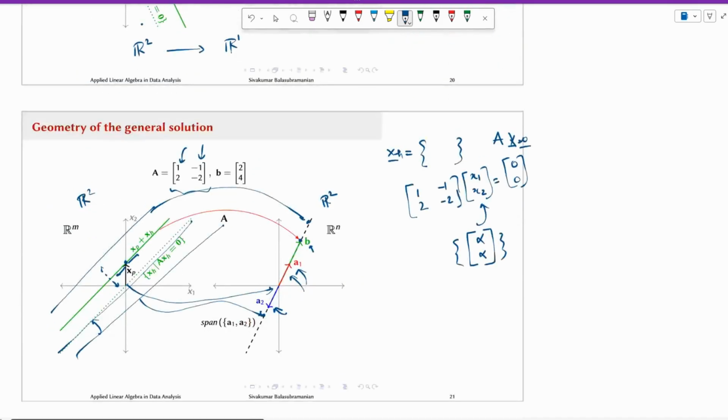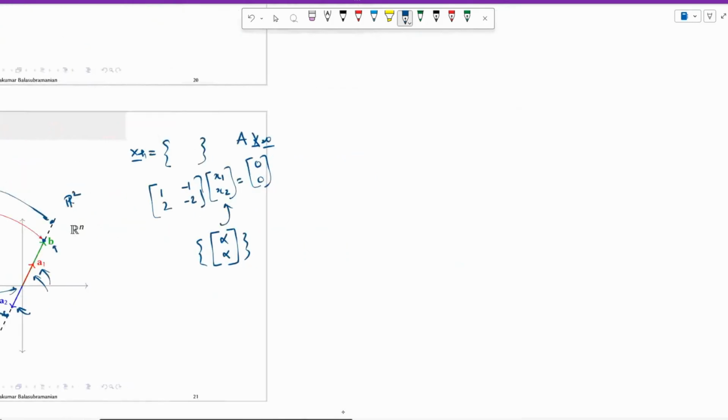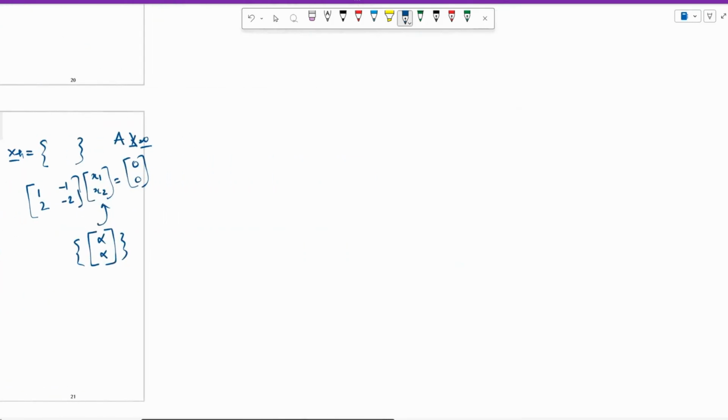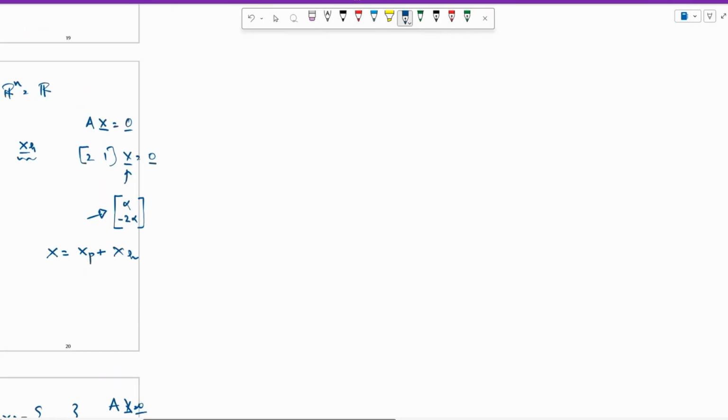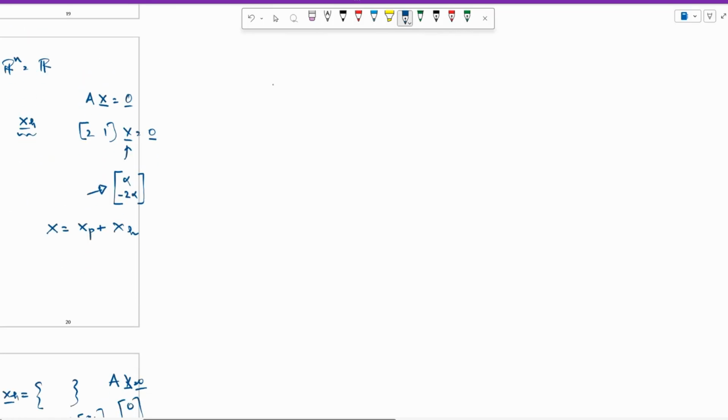Okay. Let's maybe do an example where you try and tell me the homogeneous solution and what gets mapped to something on the output space. Let's do this example.